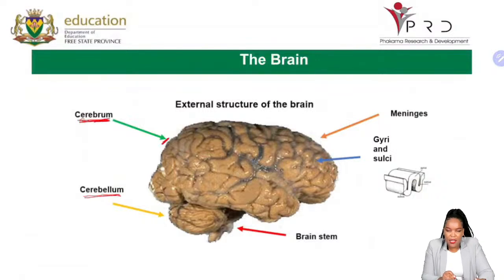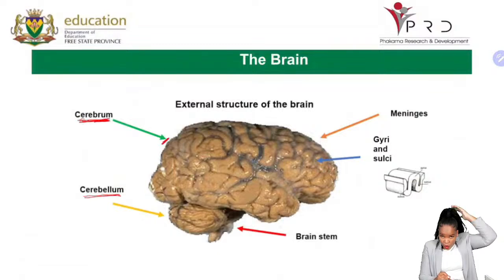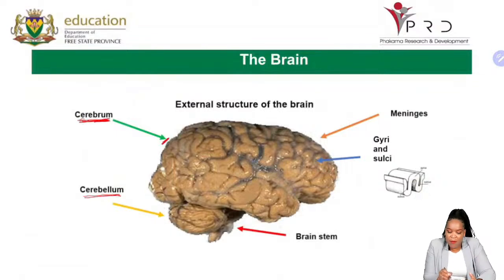The cerebrum is the largest part of the brain. So when you do this on your head, this is the largest part of the brain. It is the cerebrum. How can you remember it? Its name is shorter than the other one that starts with a C, the name is longer. However, the part is small.